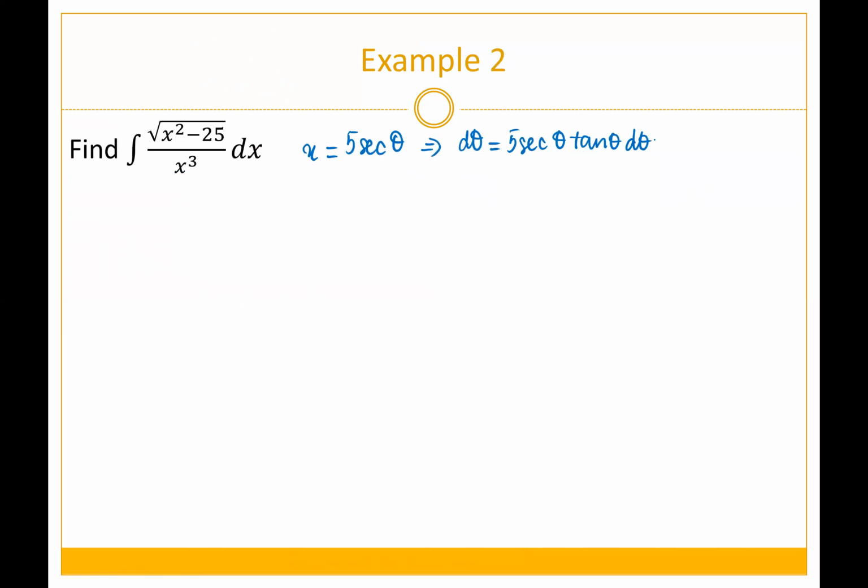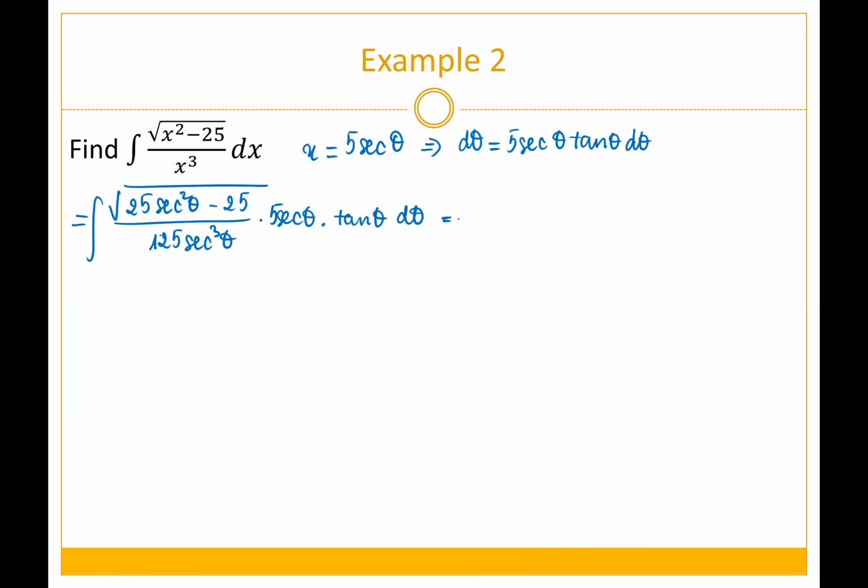And then here is, again, the indefinite integral, so you don't need to do the change of variable. So now this one is going to become square root of 25 secant square minus 25 divided by 125 secant cube theta times secant tangent. Remember, there's another 5 here. I usually forgot it.